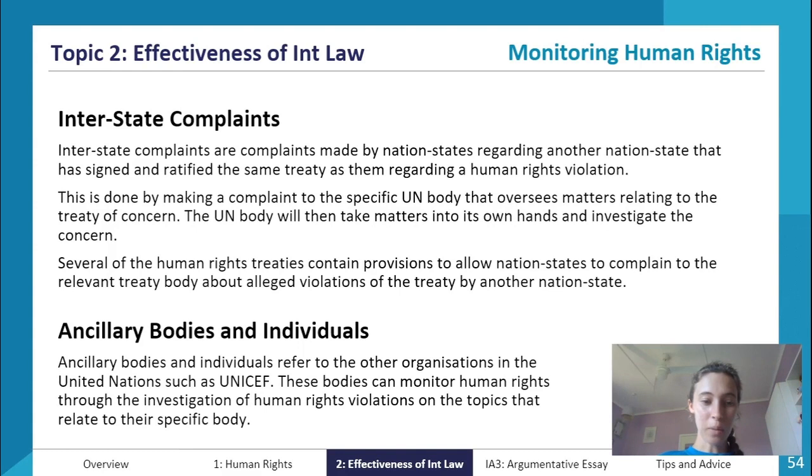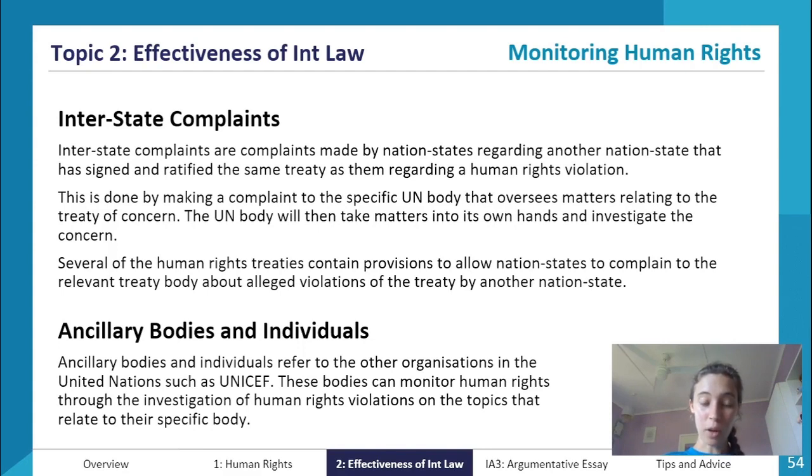So, in terms of our complaints system, interstate complaints are made by nation states regarding another nation state. So, that's just the meaning there, interstate, that has signed and ratified the same treaty as them. So, both nation states need to have signed the same treaty, and one state is lodging a complaint against another state about the fact that that state has violated human rights, allegedly, in some way.